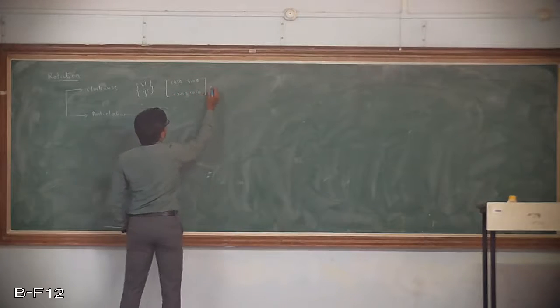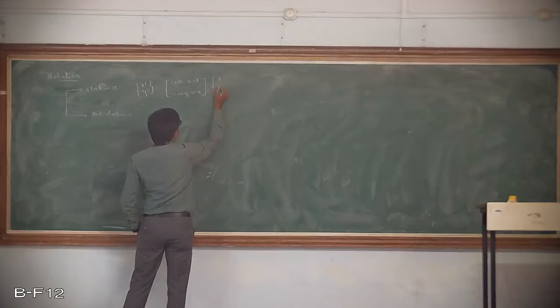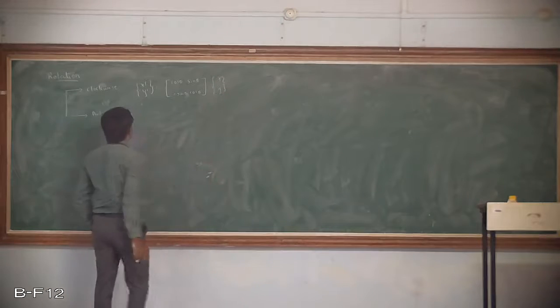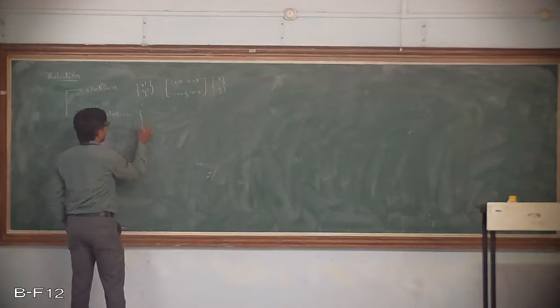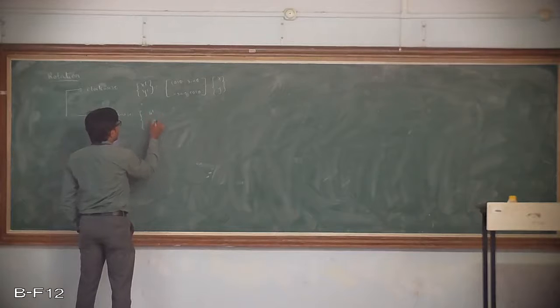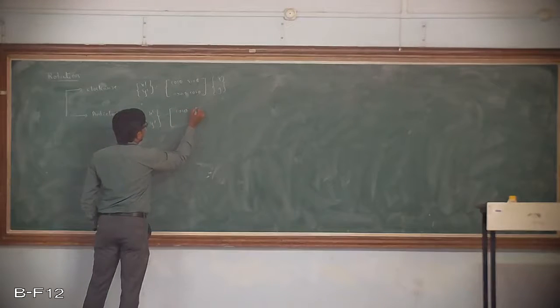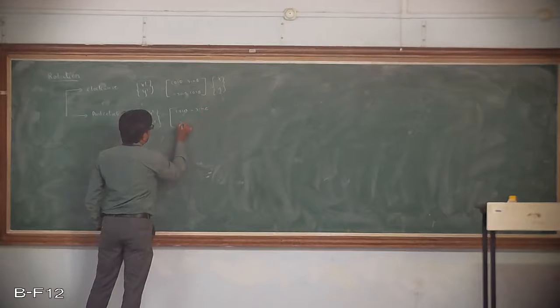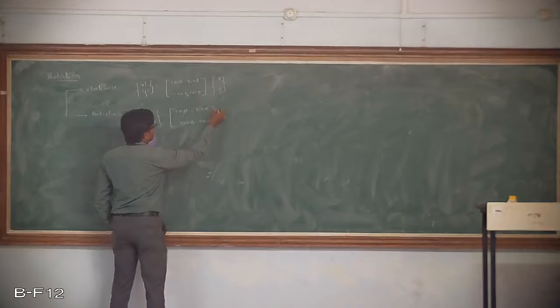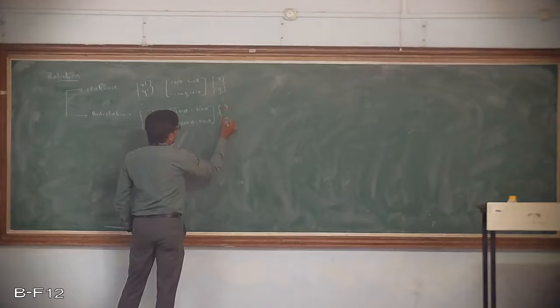And these are the original coordinates. In case of anti-clockwise, we wrote it as x dash y dash equals cos theta, minus sin theta, sin theta, cos theta. So these are the differences between these 2 orientations.